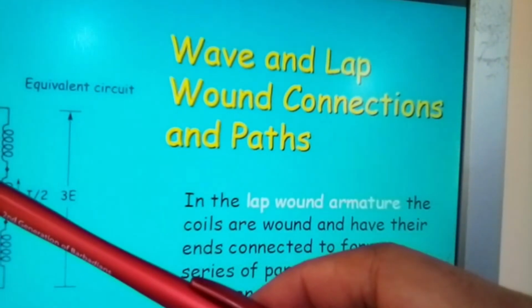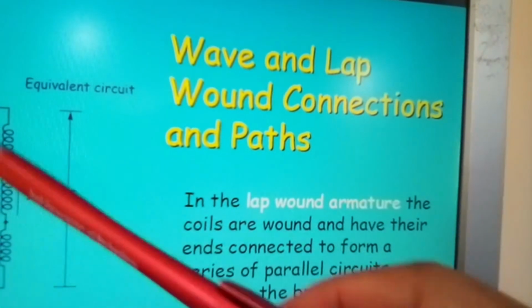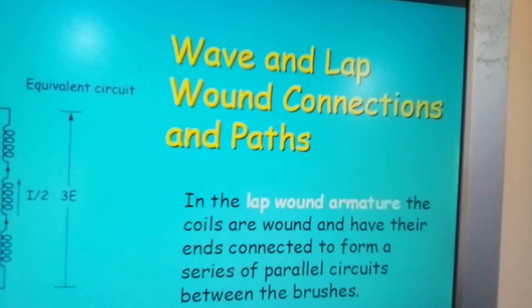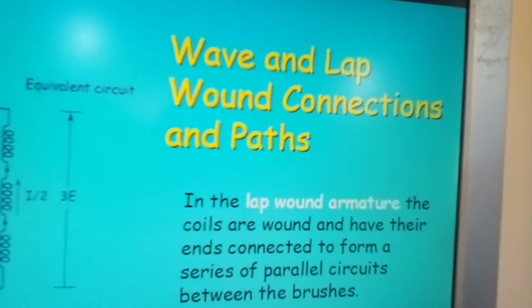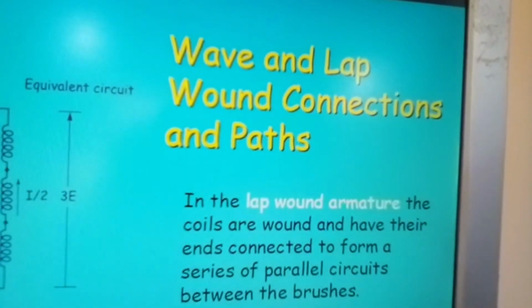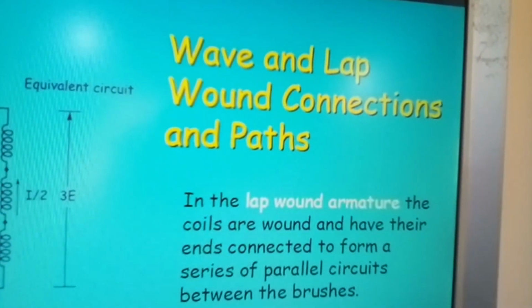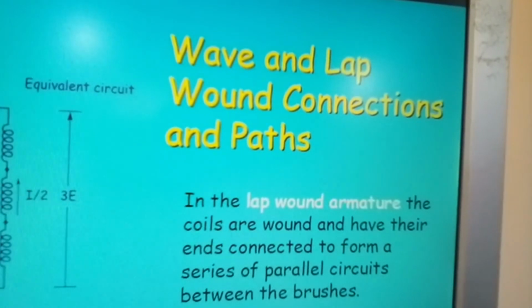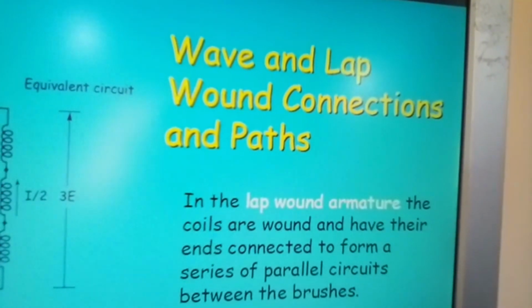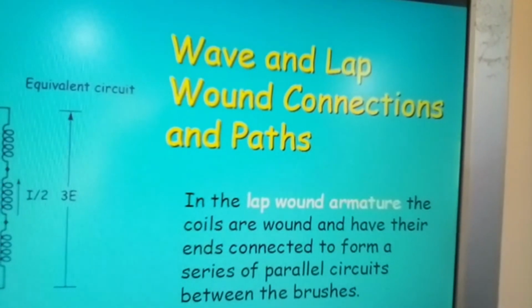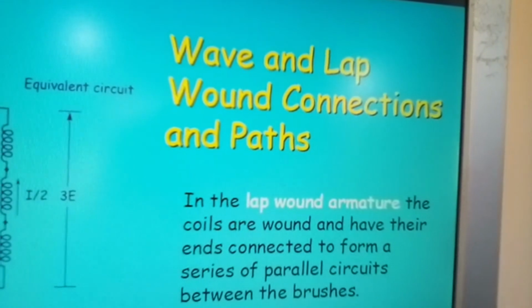So here, connecting in series, you can almost say this is a kind of series parallel network in your lap wound. In the wave wound armature, this then becomes just a single parallel network.